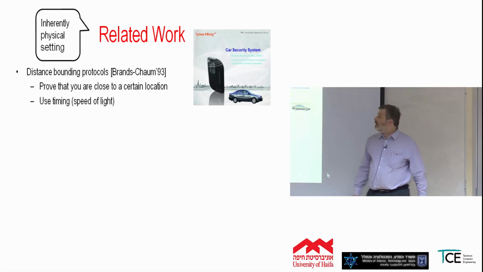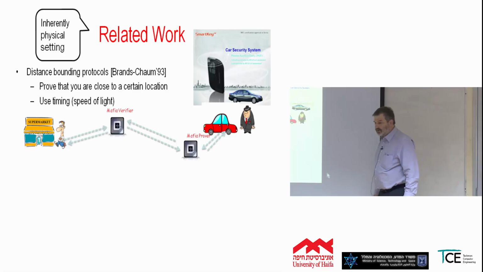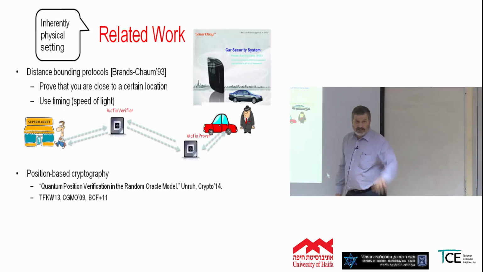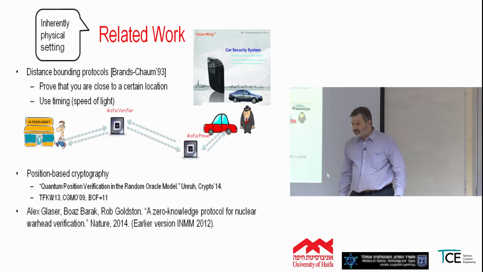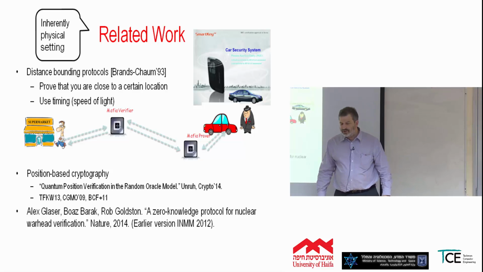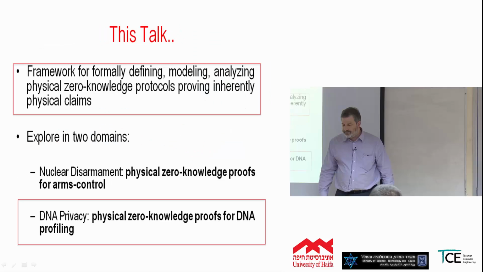And the physical property here is the speed of light that we are using. And this turned into position-based cryptography, which is a non-trivial problem, but this is a different direction than I'm going to talk about. And there is the work that I mentioned before by Glaser et al.